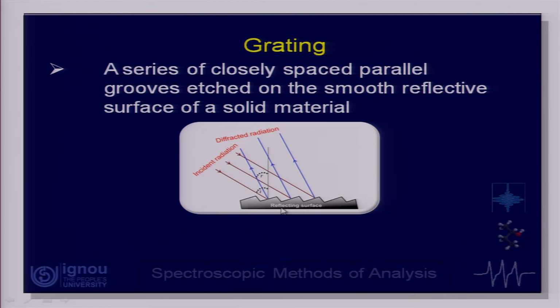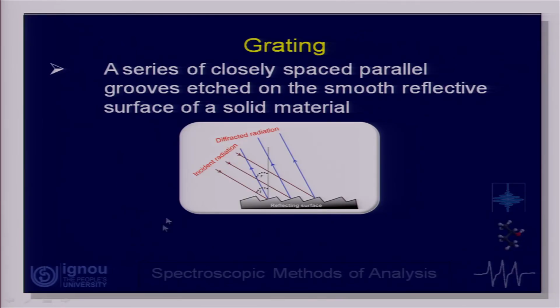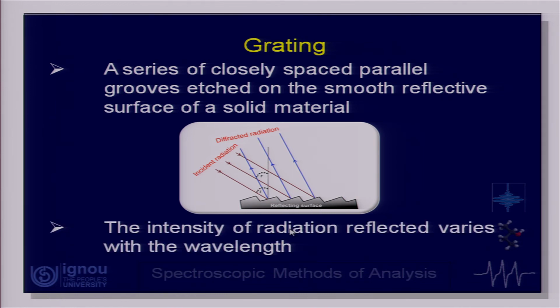Typically, you must have seen a compact disc, on which you see very fine grooves. Similar to that is the grating here. The purpose of this grating is that when radiation falls on it and gets reflected, the intensity of the reflected radiation depends on the wavelength.